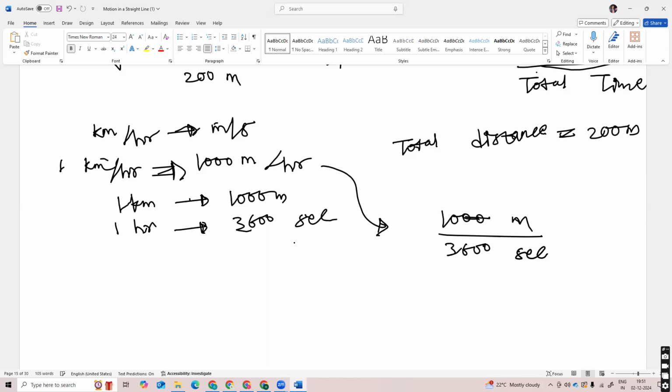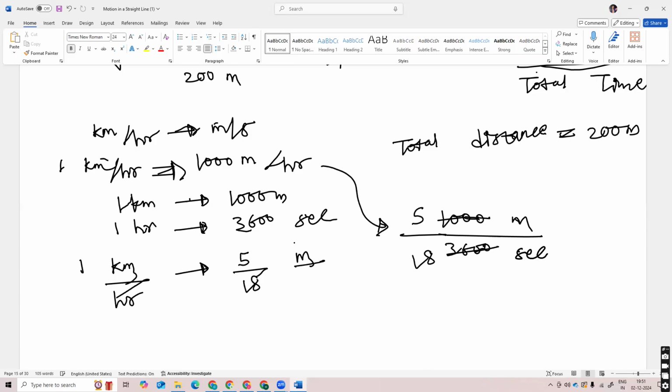If you simplify this, cancel the zeros, and divide by 2, it will become 5 by 18. So basically, 1 kilometer per hour is 5 by 18 meter per second.